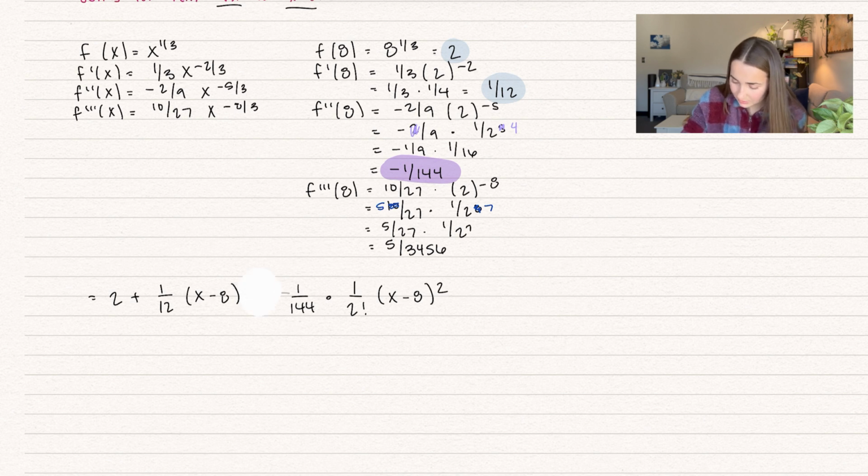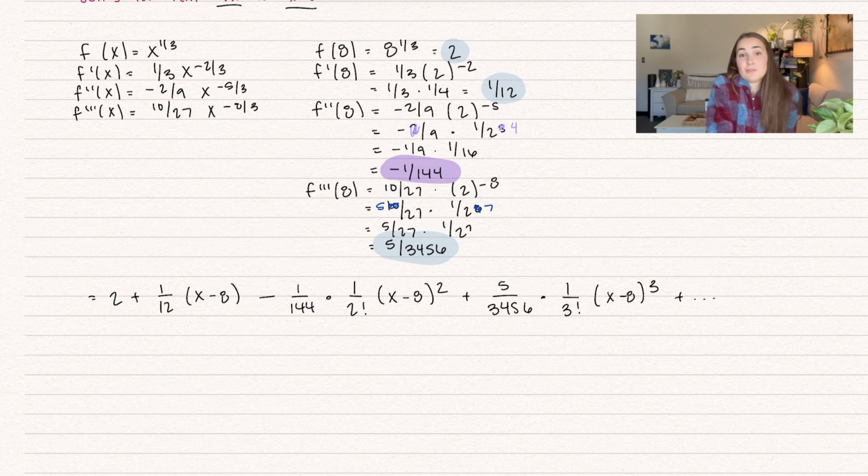So this is instead of plus minus, I'm just going to make this a minus. Now we get plus, and our last one right here is 5 over 3,456 times 1 over 3 factorial, x minus 8 to the power of 3 plus dot, dot, dot.